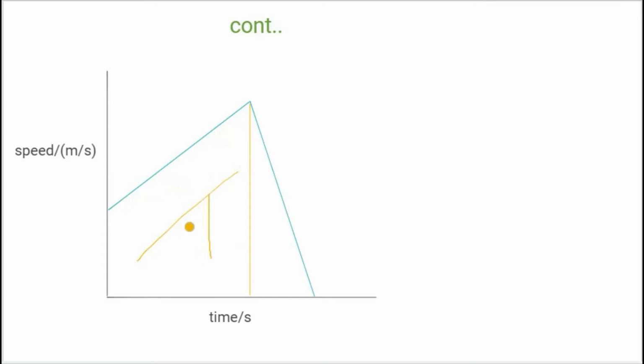Here we have A and B, A being a trapezium and B being a triangle. The sum of their areas will be our distance. So distance will be A plus B. Then the area of A is half (a plus b) times h.